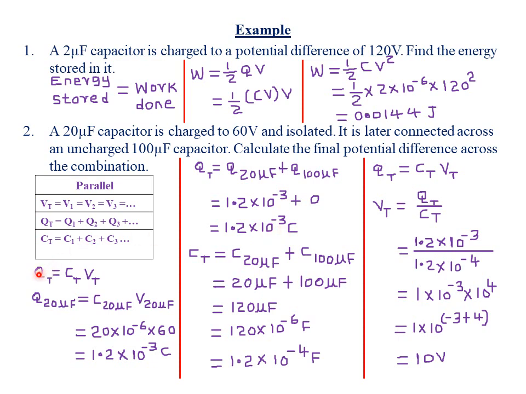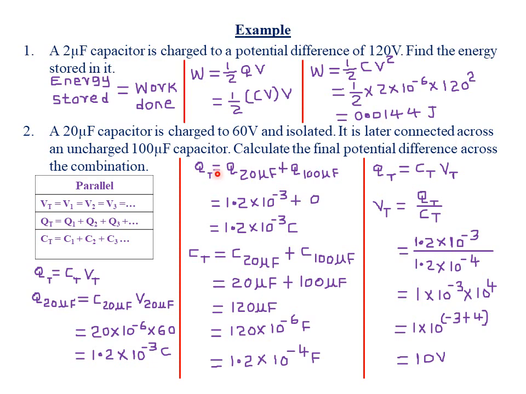So now we have the total charge, and our task is to find the total capacitance. We are told that it is connected across. Remember, connecting across simply means that they are connected in parallel. But when they are connected along, we say they are connected in series. So connecting across simply means that they are connected in parallel.